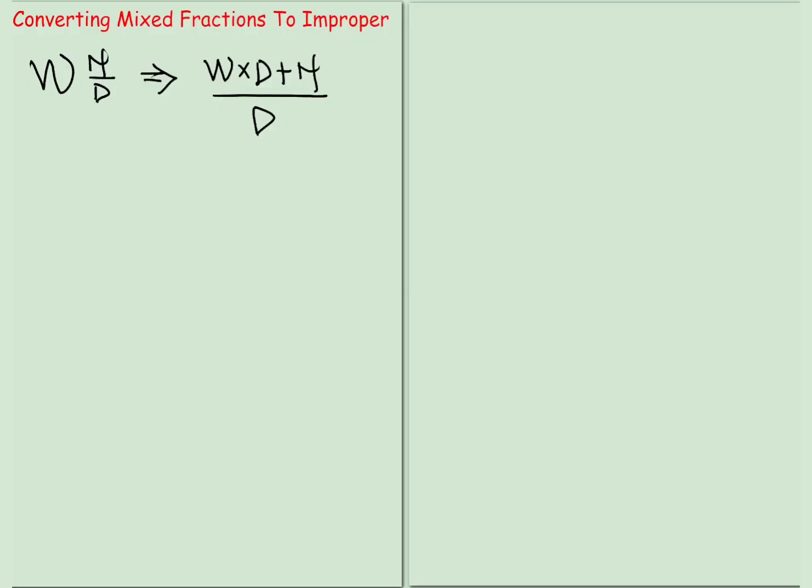What do I mean by this? If we take a mixed fraction such as 2 whole number 1 over 3 and we want to change it into improper, what is it going to be? It says multiply the whole number by the denominator. So 2 times 3, and then we add our numerator, which is 1, all over the denominator.